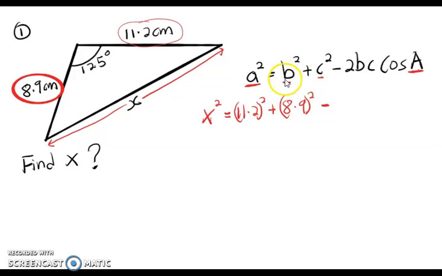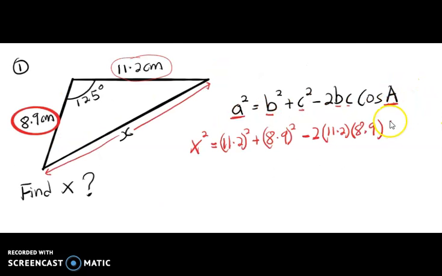Now we see there's b and c, so we just have to minus 2 multiplied by b and c again. So put a bracket 11.2, open bracket again, 8.9, and then here will be cos 125.